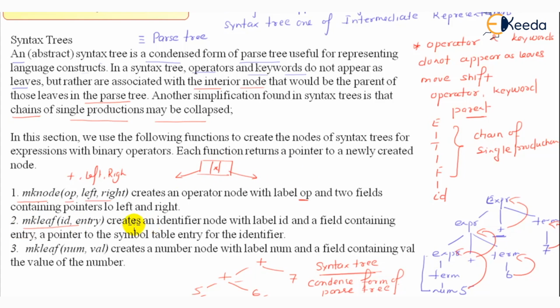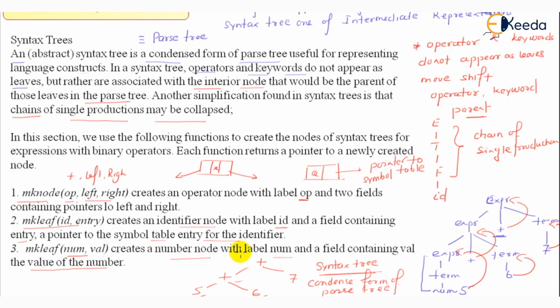Make leaf with an identifier creates an identifier node with the label id and a field containing an entry, a pointer to the symbol table. If you say, let's say, a, the name will be a, and it will point to the symbol table. Another make leaf is num and value, which creates a number node with the label num and a field containing the value of the number.